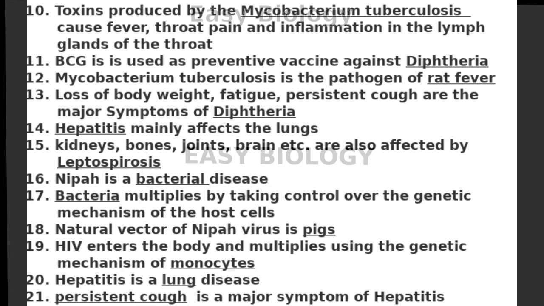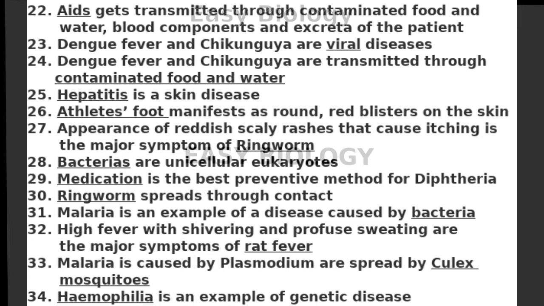Question number 21. Persistent cough is a major symptom of hepatitis. Here the underlined portion is persistent cough. It is a wrong answer. The correct answer is: inflammation of the liver is a major symptom of hepatitis. Question number 22.